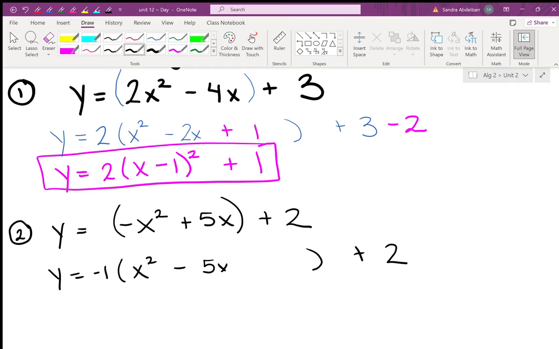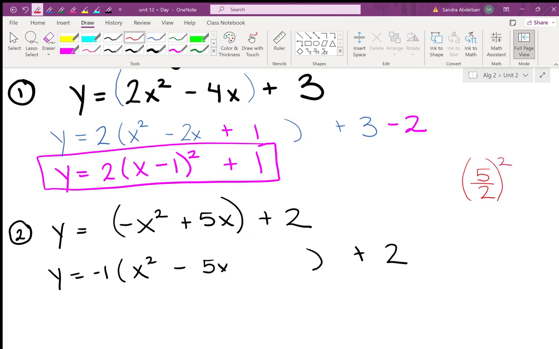So now I'm going to go to the coefficient of my x term, which is 5. I'm going to take half of 5, and I'm going to leave it as a fraction. Half of 5, isn't that 5 halves? I'm going to leave it as a fraction because I need to square it, not subtract it.